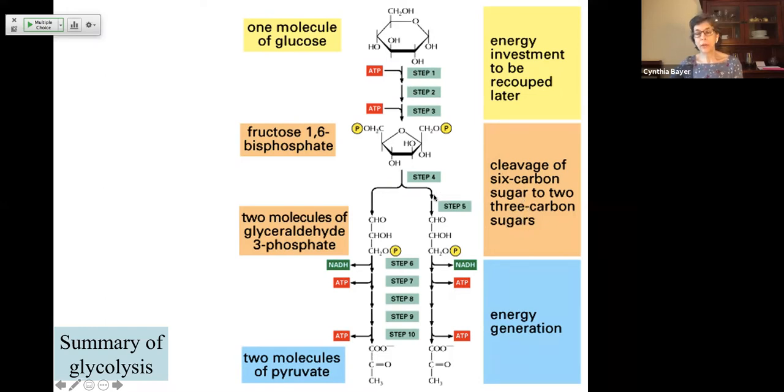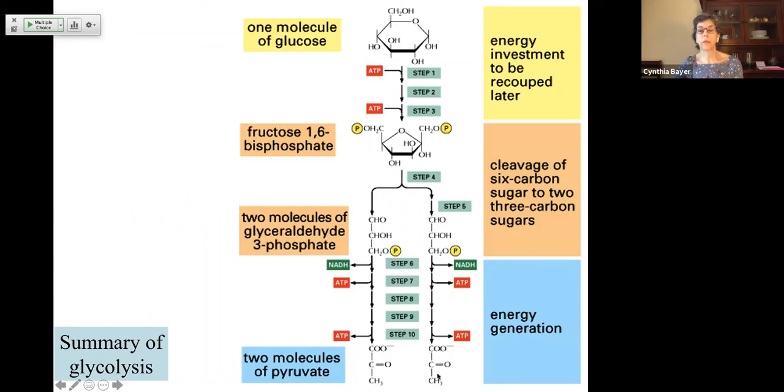And then each of those 3-carbon sugars are oxidized. And in that stage, 4 ATPs are generated.